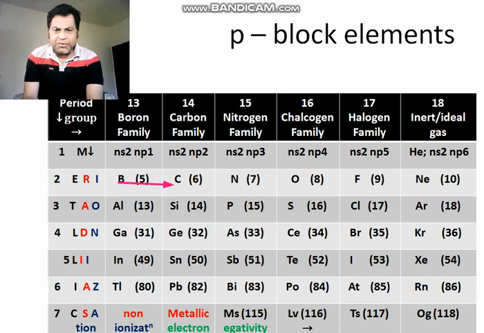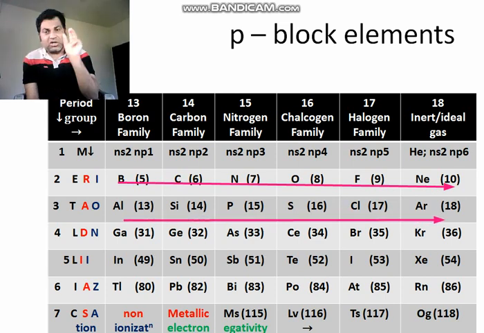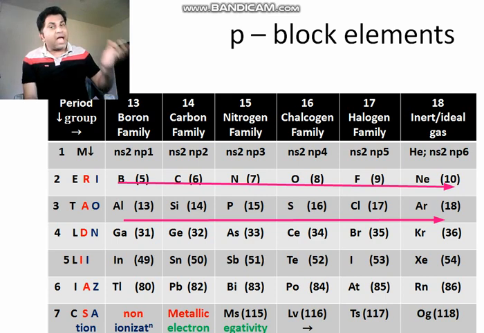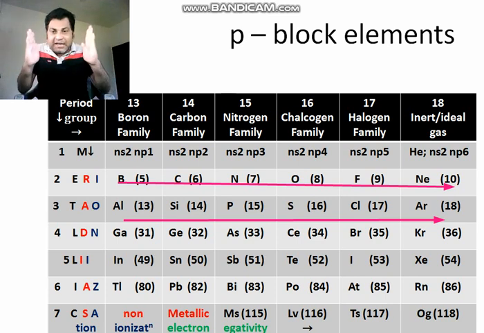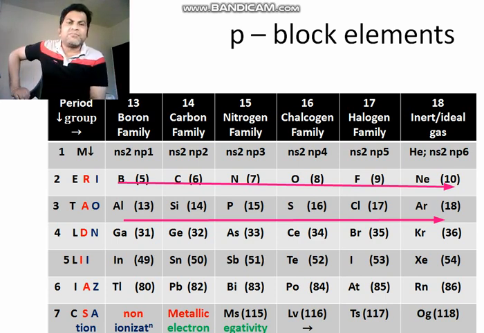When we move left to right in a period, first of all the atomic radius or ionic radius starts to decrease, because in the same orbit the number of electrons on the outer side and the nuclear charge in the center increase, and that's why the net attraction increases, the atom is drawn in, and the radius decreases when we move left to right in a period.